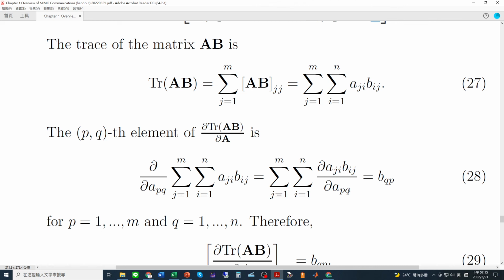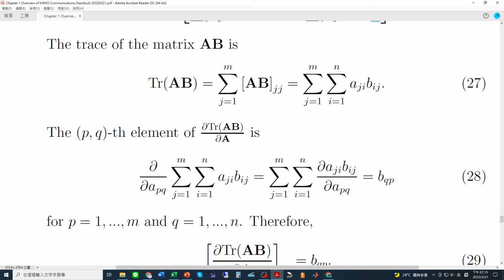We know that the partial derivative is equal to Bqp. Why? Because the partial of Apq times Bqp over partial Apq is equal to Bqp, and for the other terms, the partial of Aji Bij over partial Apq is equal to 0.